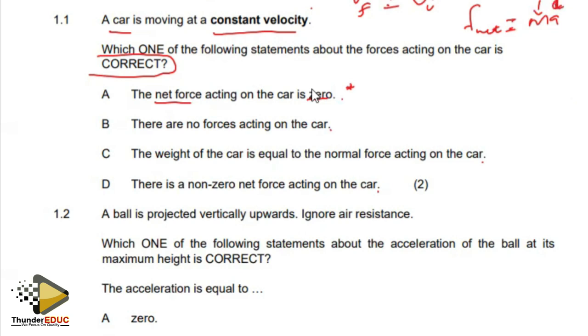For as long as the velocity is constant, there is no change happening within the velocity, so our acceleration is going to be 0. Acceleration is the change in velocity over the change in time. Time will be there, but the change in velocity is going to give us a 0. So for as long as the acceleration is 0, the net force is also 0.